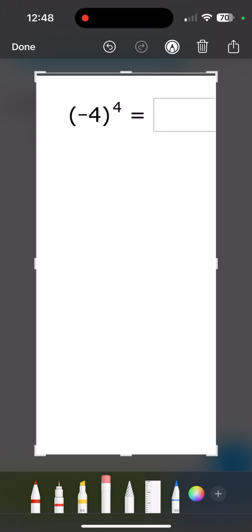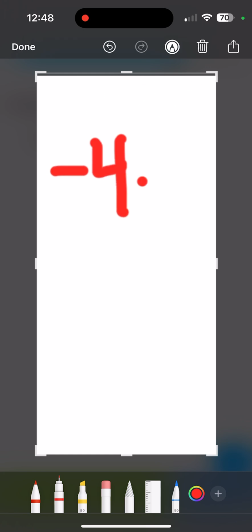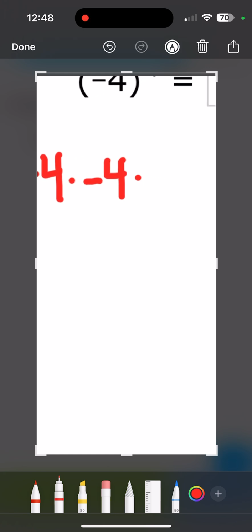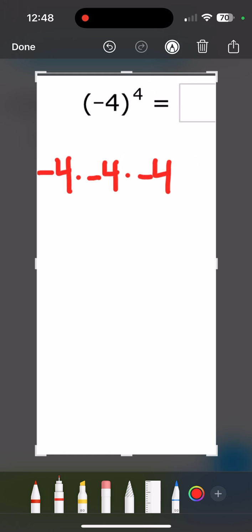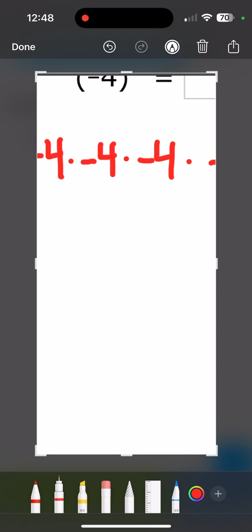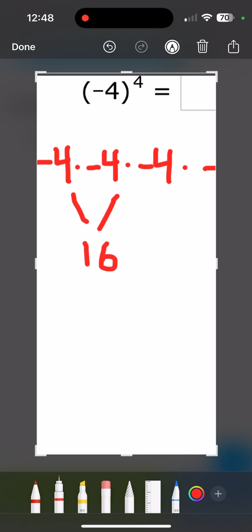Now this number is going to grow a bit big. Or we can break it down, so it's going to be -4 times -4 times -4 times -4. So -4 times -4 is positive 16.